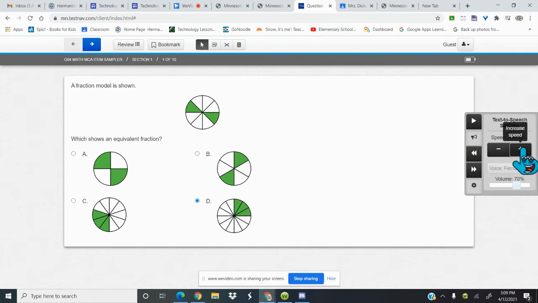And then if you increase the speed to fast, you can hear it faster. So here's an example of slow. And here's an example of fast. Honestly, I don't see a reason for you to toggle it to fast. I would keep it at normal or slow, honestly.